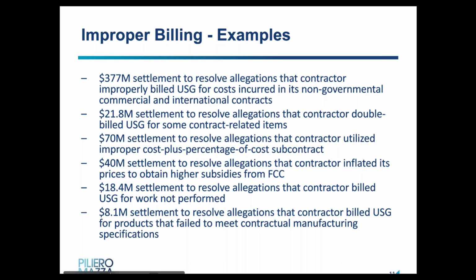So it depends on the facts and circumstances and whether or not the company had any information that could have led you to believe that it was inaccurate. One thing to think about is the definition of claim. To have a false claim, there has to be some sort of request or withholding of money from the government.